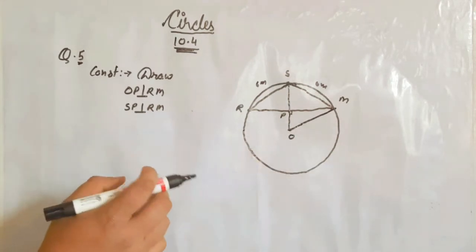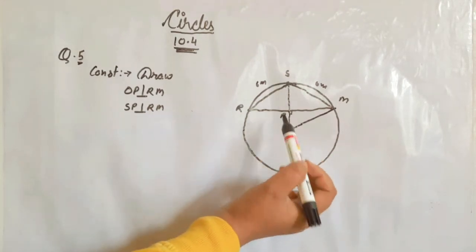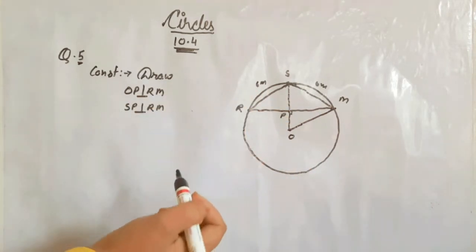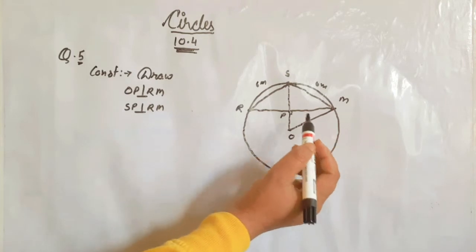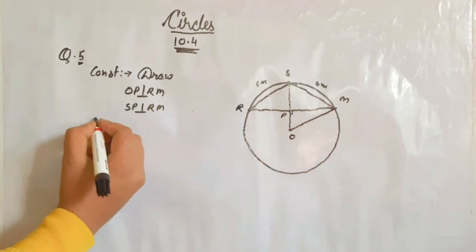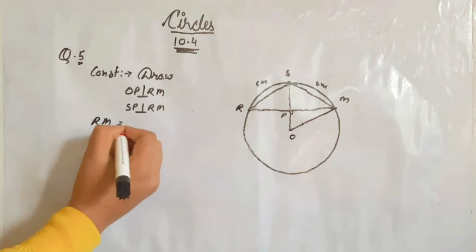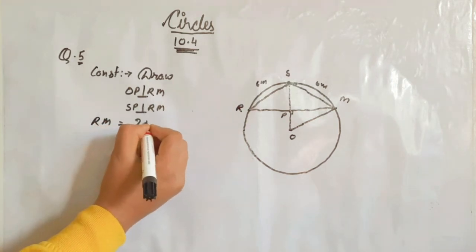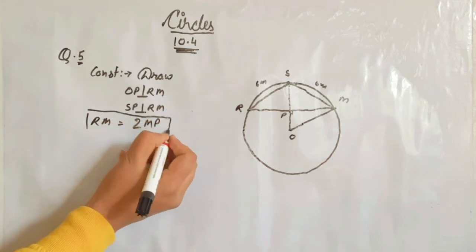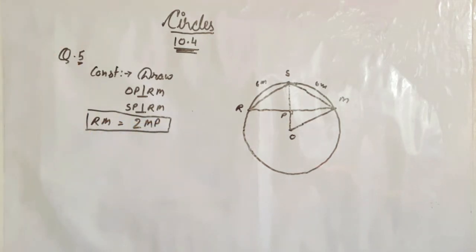Now we have to use triangle OSM, and from this triangle we have to find the side MP, and we know that RM is double of MP.